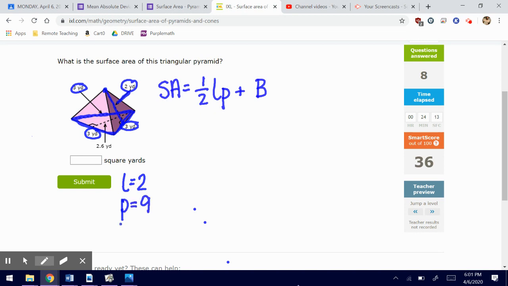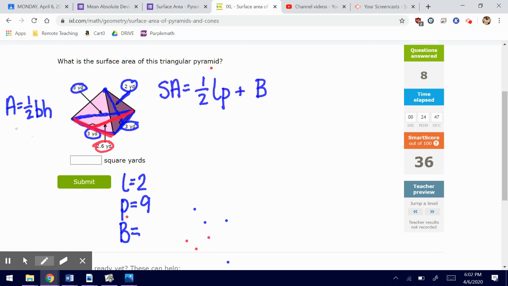All right, my capital B, which is the area of the base. I'm going to have to use the formula for the area of a triangle, which is 1/2 times base times height. The base of this triangle is 3 right here, and then the height is how tall it is, from the bottom to the top, and they're telling me that is 2.6.